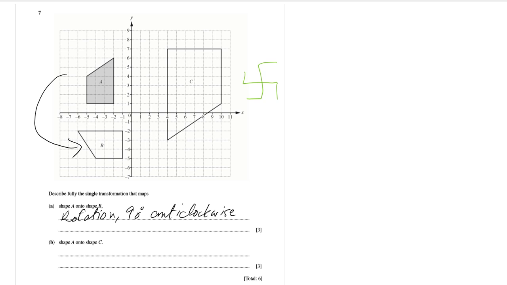So if you take this corner to this corner, now what do we have here?